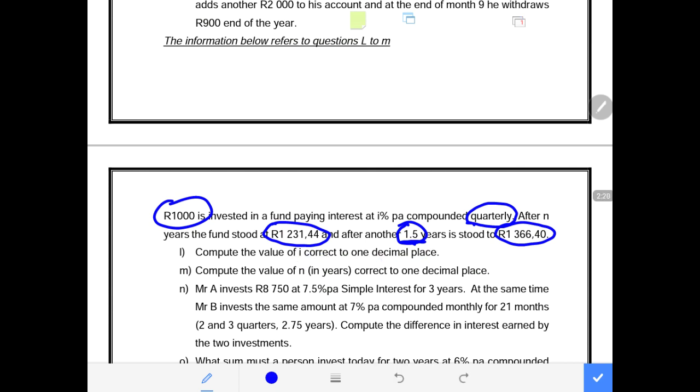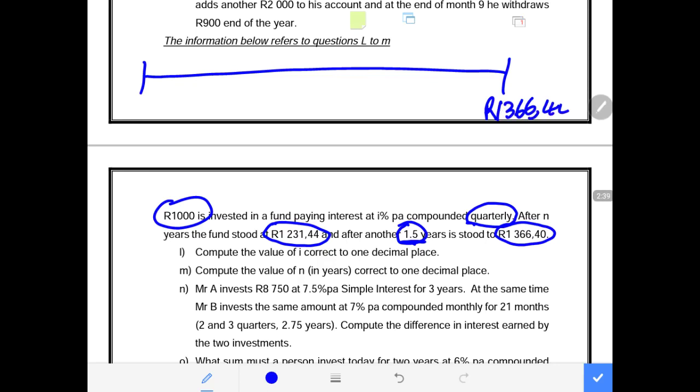To 2 decimal places. So let me just draw an underline as I sometimes do. We know that there is this future value at the end of the period, of which the last period was 1.5 years, 1,366 rand 40 cents. And we know along the way that there was 1,000 that was invested, which stood up to 1,231 rand 44 cents.